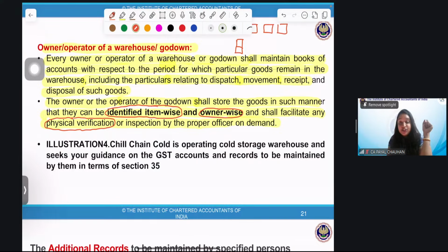Illustration. Cold Chain is a private cold storage warehouse and seeks your guidance on GST accounts and records to be maintained by them in terms of Section 35.